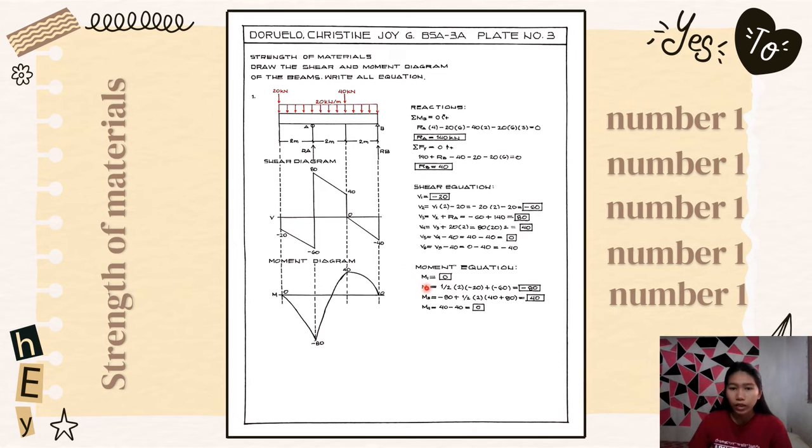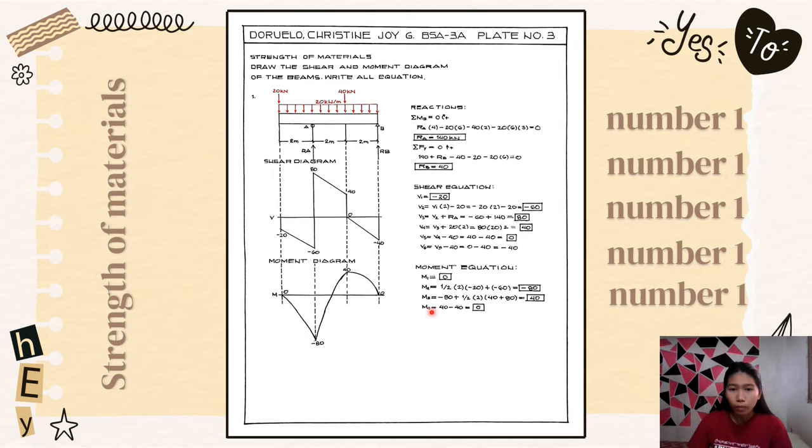For the moment equation, moment 1 is equal to 0. So here, the 0. For moment 2 is equal to 1 over 2 times 2 times negative 20 plus negative 60, is equal to negative 80. So we got negative 80 downward. So here.